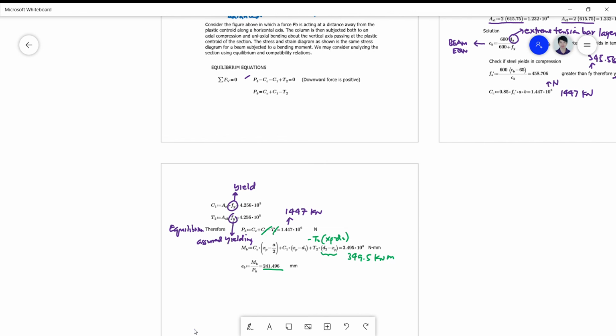We're just on the balance condition. So on the next topic, I will be giving you the procedure on how to analyze columns if the condition is not the balance condition, for us to be able to address all possibilities in the column analysis.